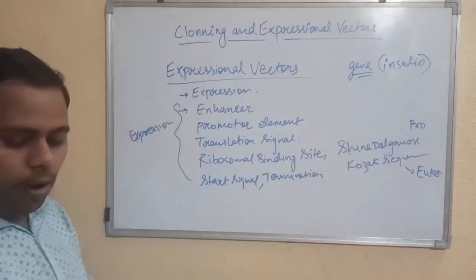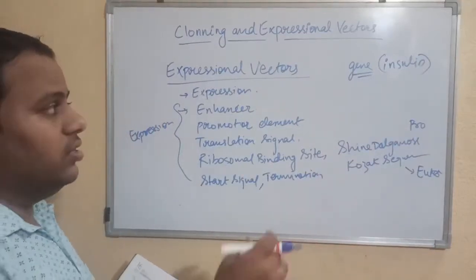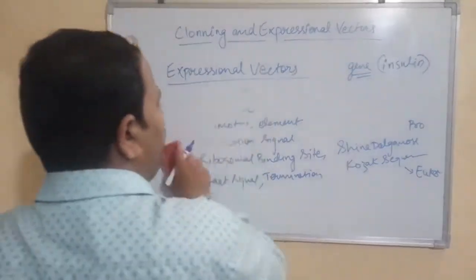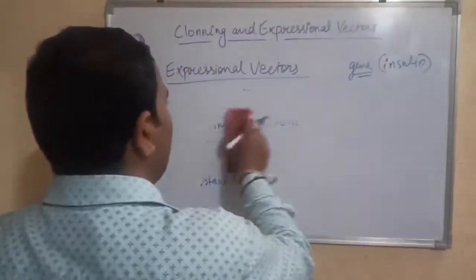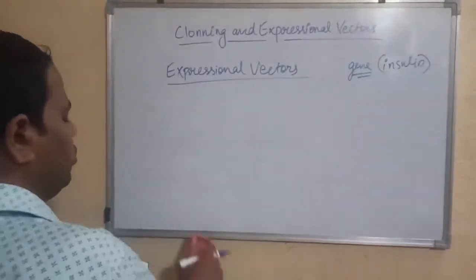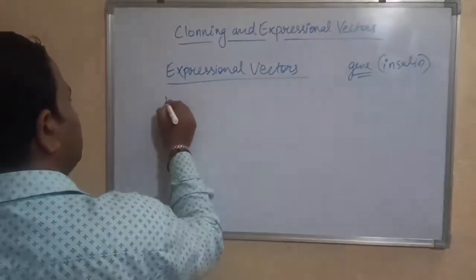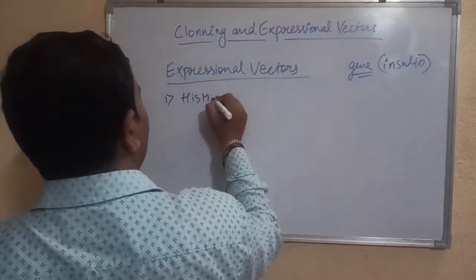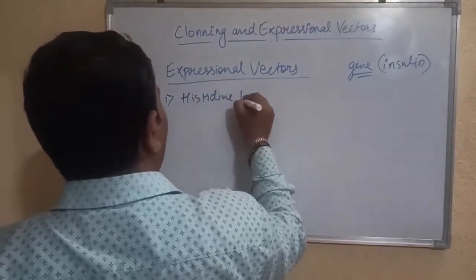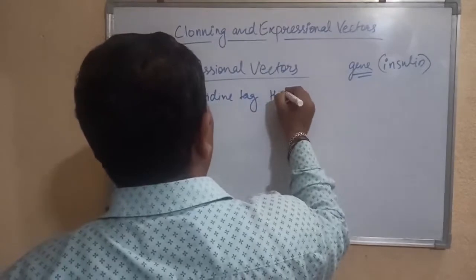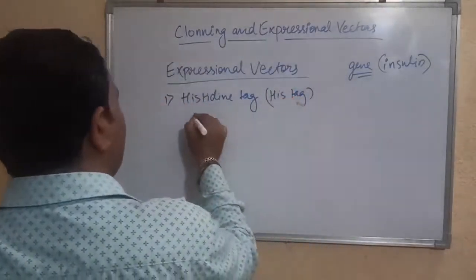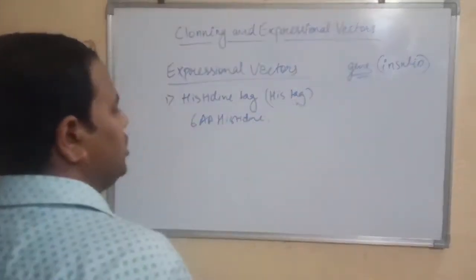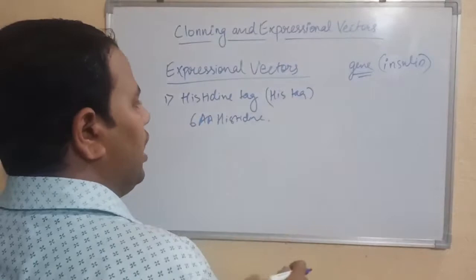Now there is one problem: how we can select the recombinant product. That recombinant product can be selected or purified using a number of strategies. There are popular strategies that we are going to discuss here. The first way of purifying is attaching histidine tag. It is also called his tag. These are generally 6 amino acids of histidine that is attached with the target gene, along with the other sequences also.